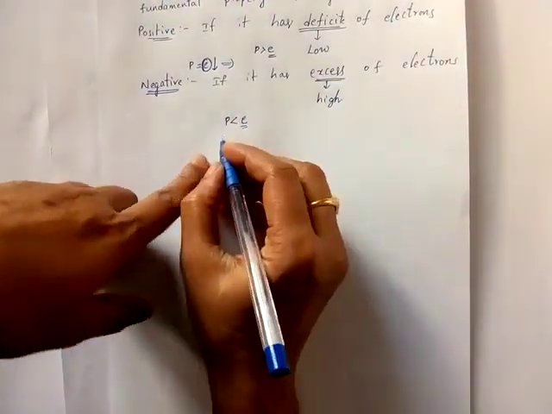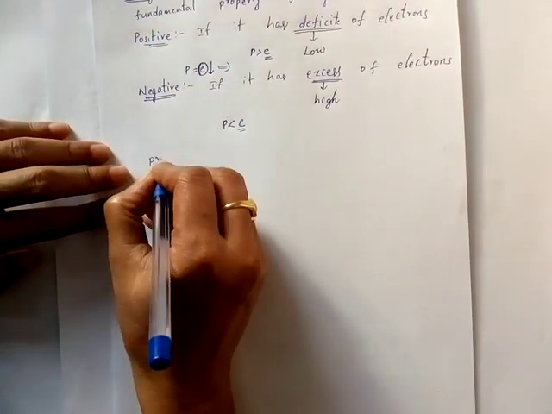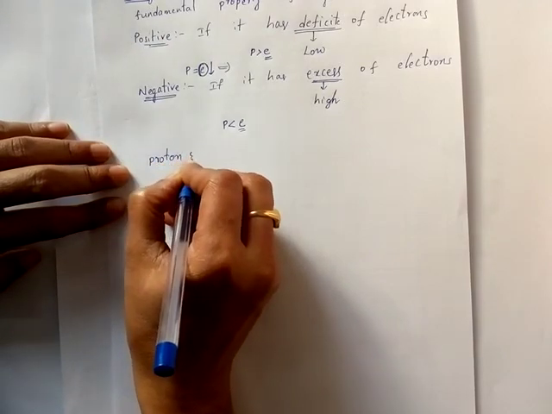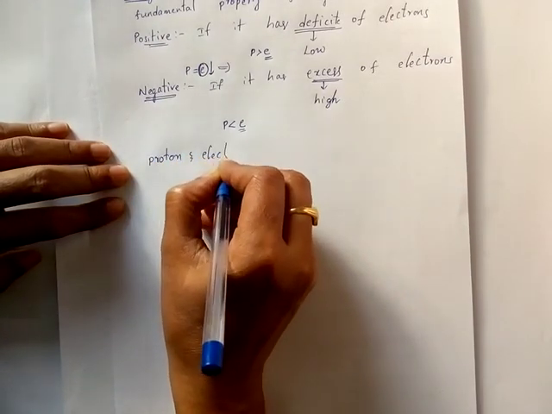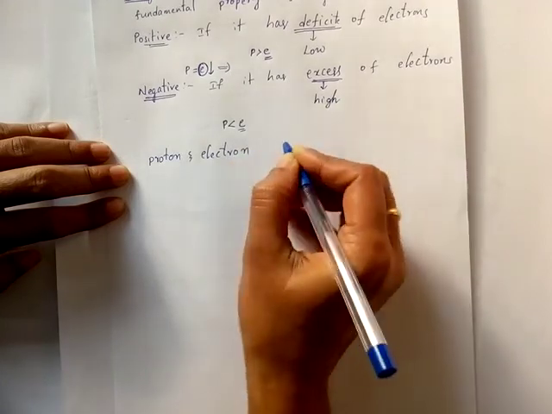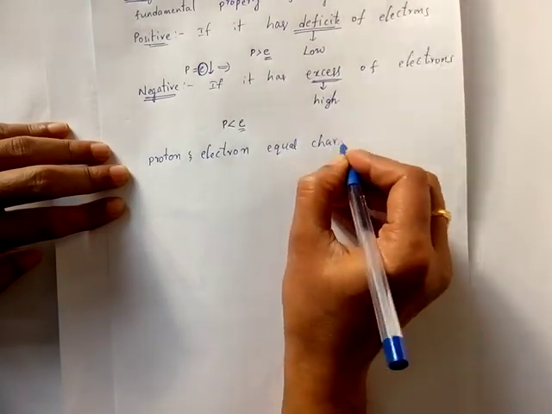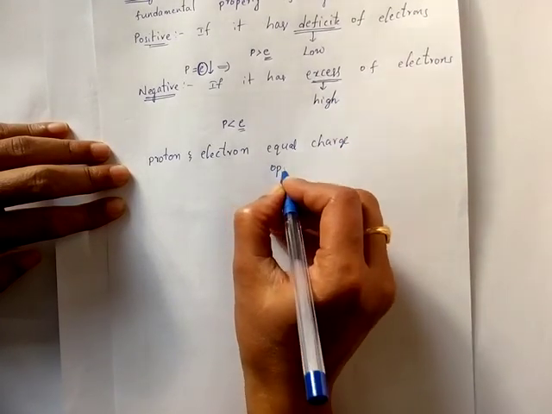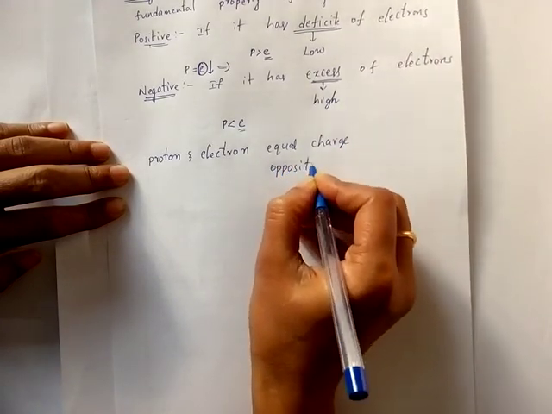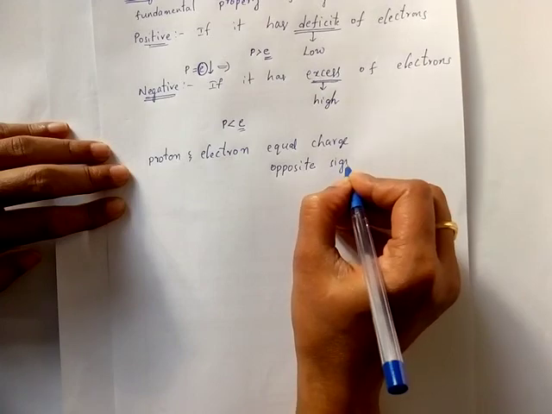Now proton and electron, both of them have equal charge, but they are of opposite sign. Proton is positive and electron is negative.